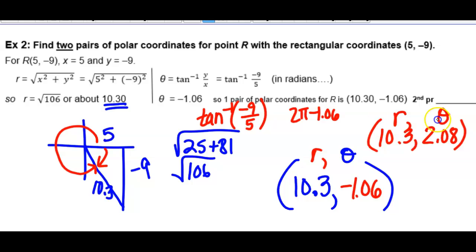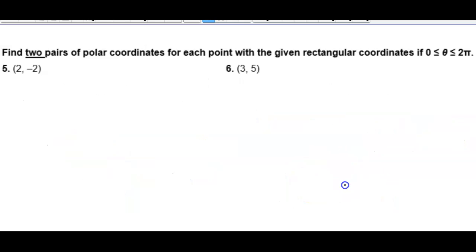Now, somewhere you have to state that it's an r theta, otherwise it looks just like an xy. All right, so find 2 pairs of polar coordinates for each of these in radians between 0 and 2 pi.